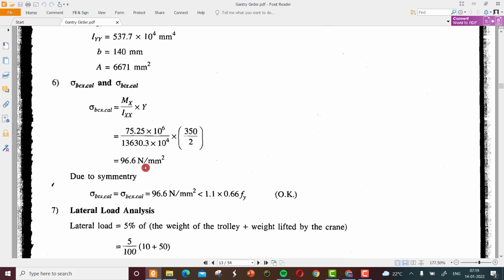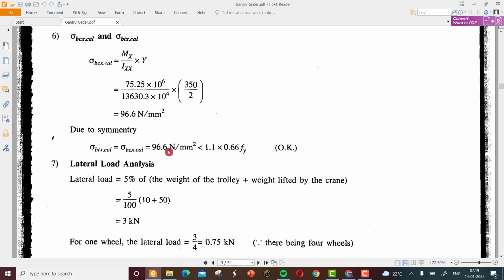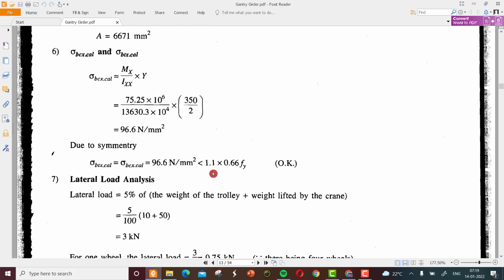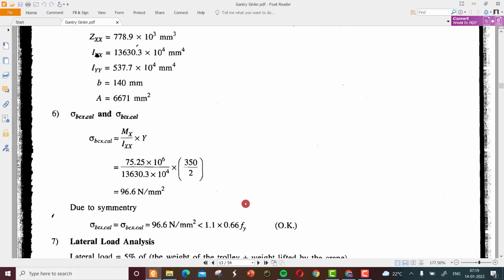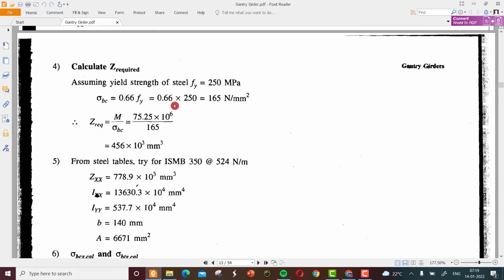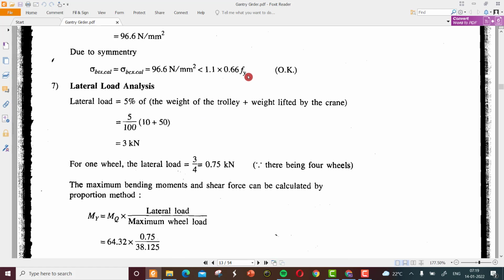That gives 96.6 Newton per mm square. Due to symmetry, both values are the same. The maximum tension and compression stress should be less than 1.1 times 0.66 into Fy. So that condition is satisfied.